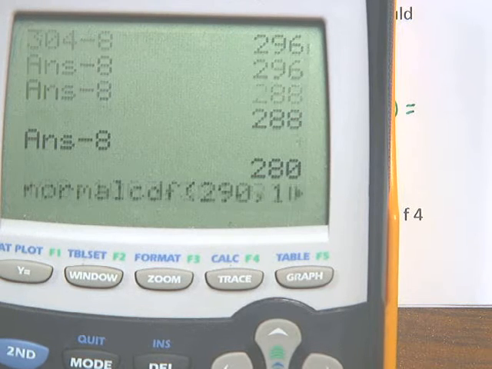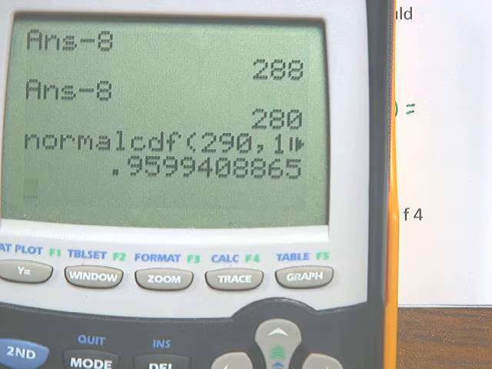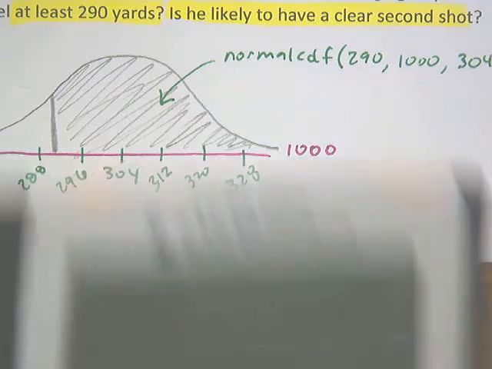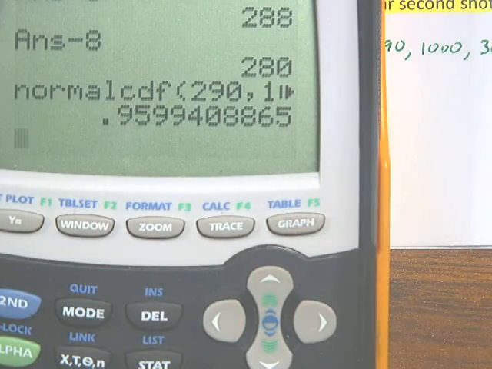And then when you paste. Now, big picture, you shaded a good portion of the area under the curve. That's a large percentage right there. So it makes sense that we got 95.99%.